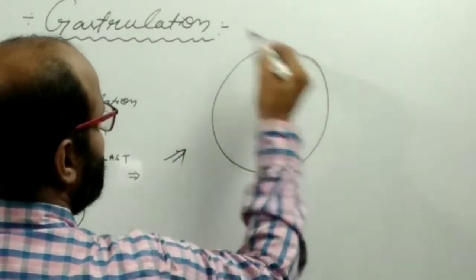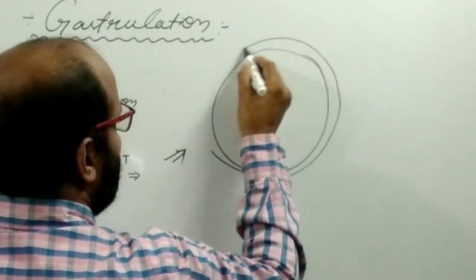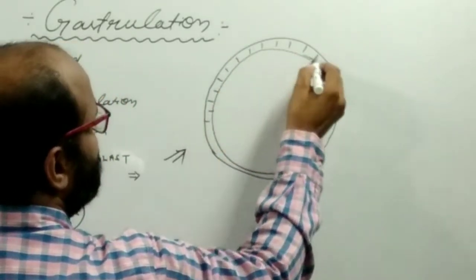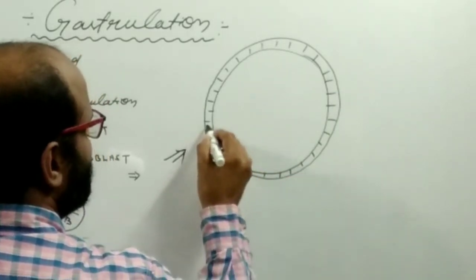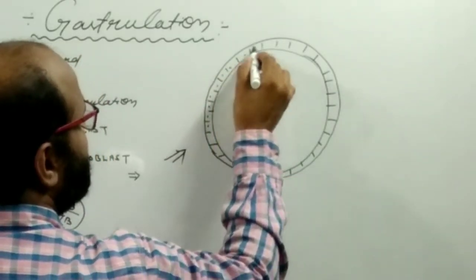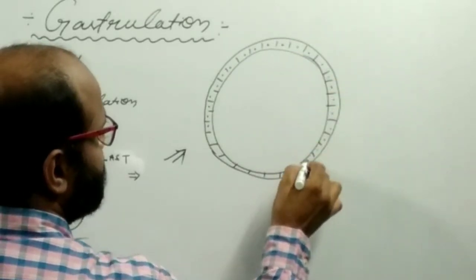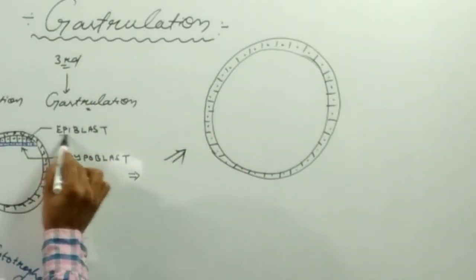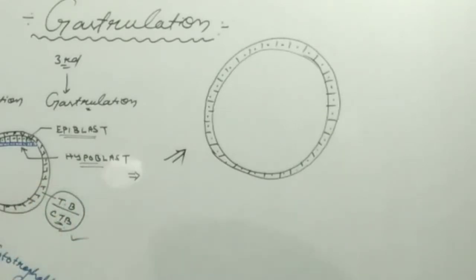Suppose that this blastocyst grows larger in size by absorbing the secretion of the endometrial wall of the uterus. This is the growing blastocyst. The inner mass of cells has differentiated into two types of cells: the dorsal is the epiblast and the lower is the hypoblast.